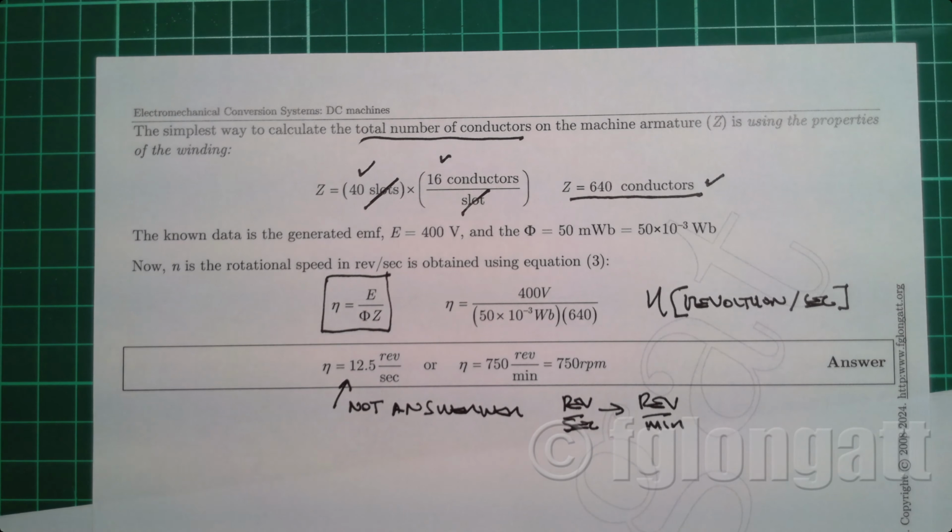Each one of them has different electrical properties, and mechanical properties as well, but in this video we used those properties in order to calculate the induced voltage. I hope that you understood the explanation. I tried to do my best so that you understand it. I hope that you learned about the DC machine, the armature and the windings.